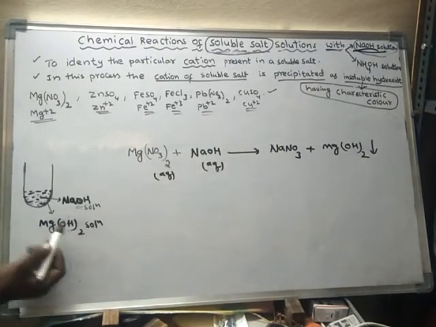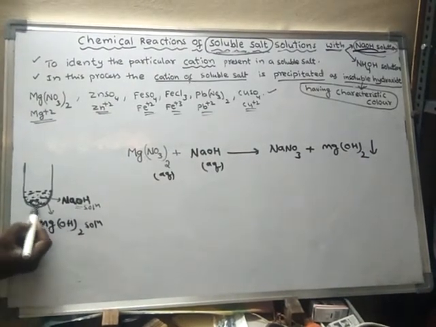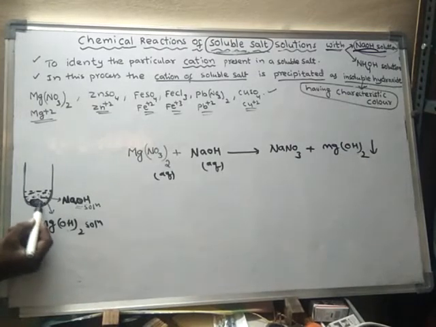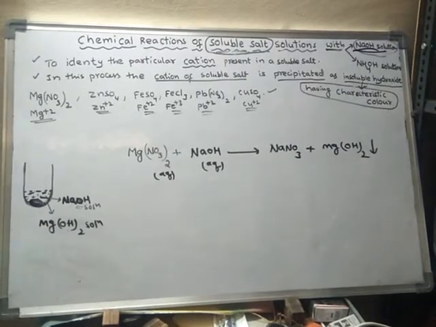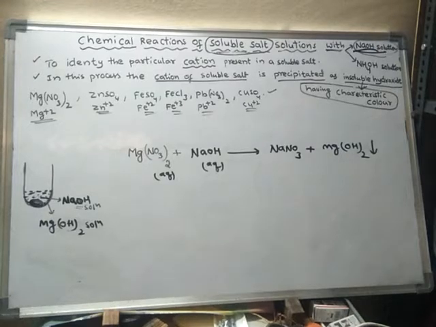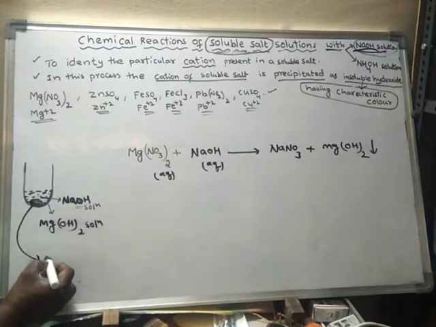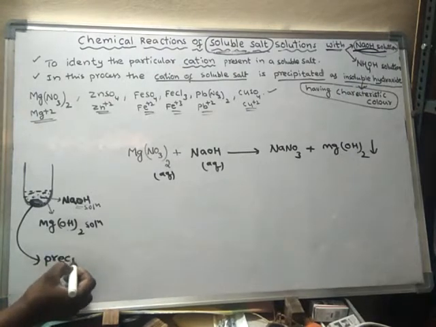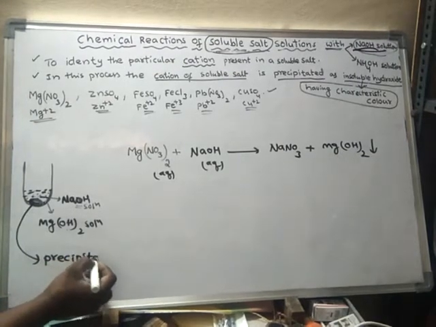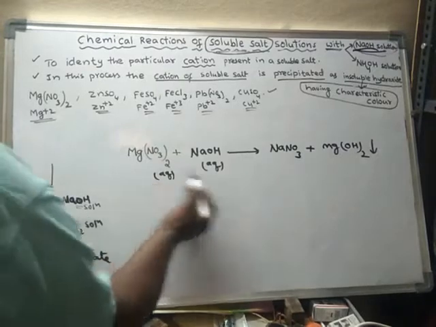So due to the reaction, an insoluble salt is formed in the test tube. It is called a precipitate. The precipitate is formed due to the reaction between these two.